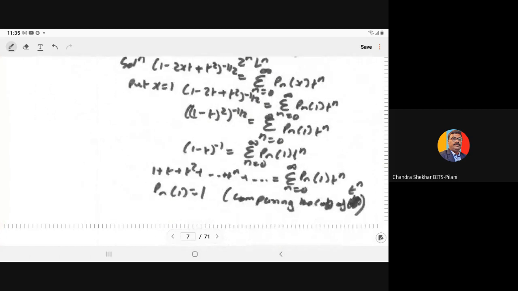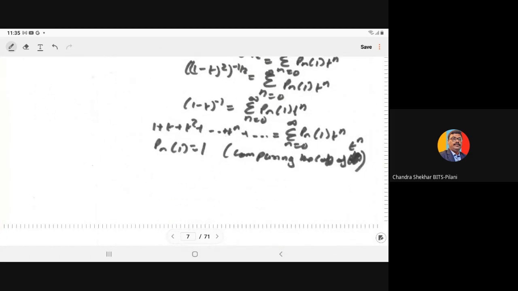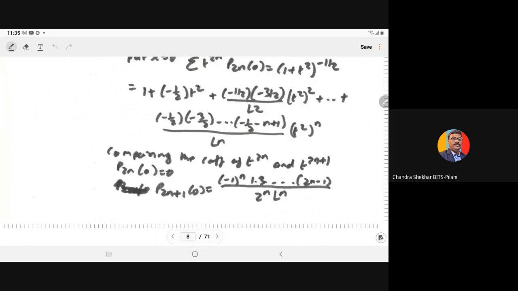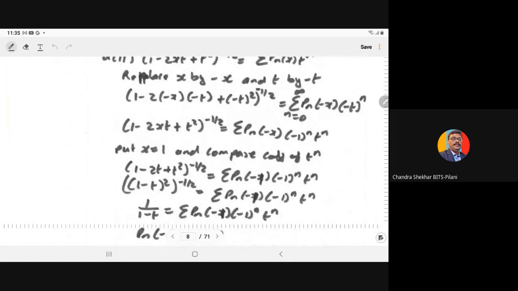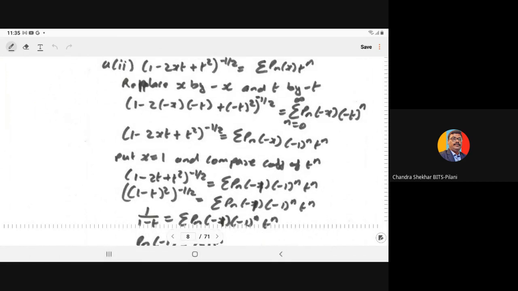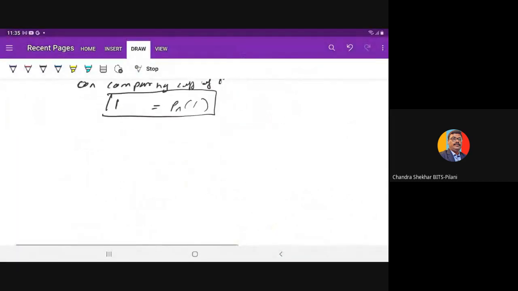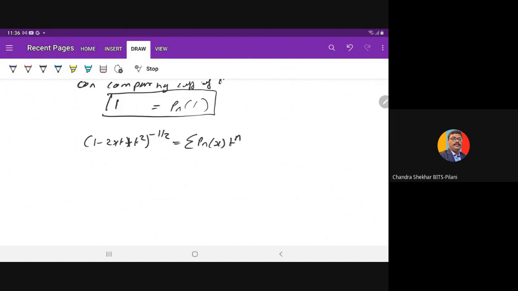So in this case, using the same generating function, what is the generating function? (1 minus 2xt plus t square) to power minus half is equal to summation Pn(x) t to power n.